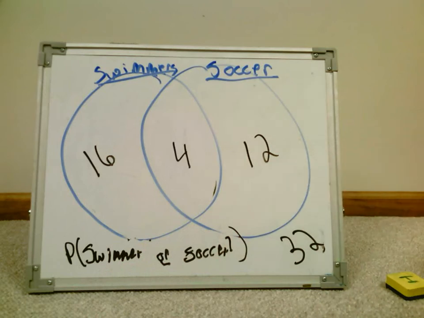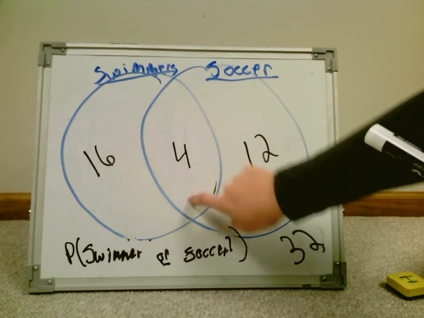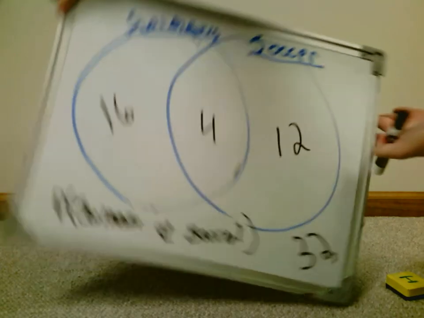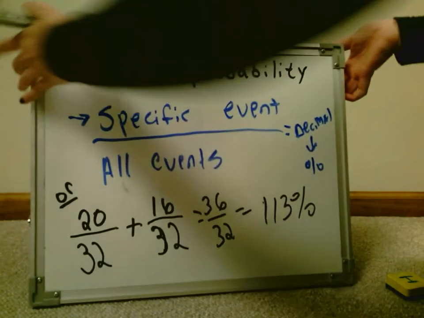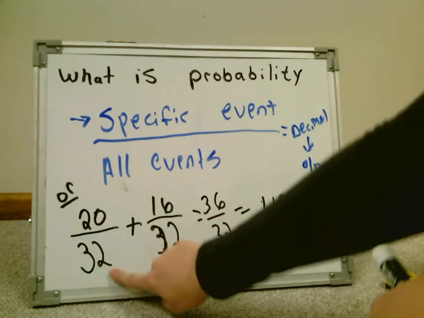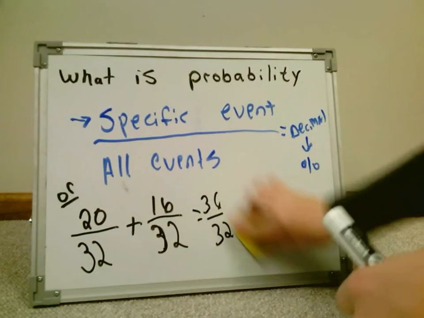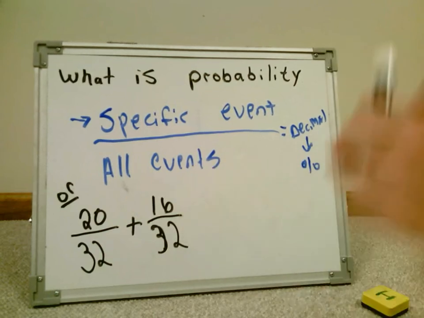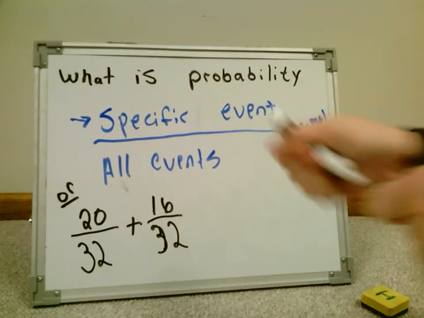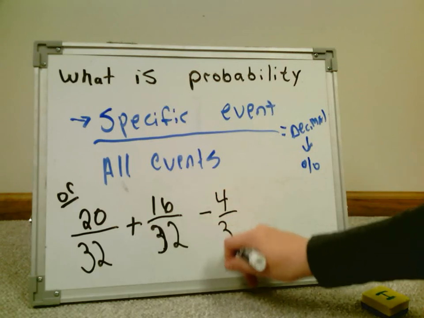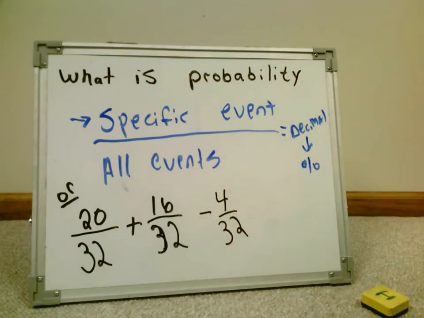The problem is the overlap. These 4 students were counted twice. So if I come back to this side and I consider here's the probability of swimmers, here's the probability of soccer players, where we went wrong is we never considered the overlap. So with the overlap, we're going to go back and subtract those 4 people that were in both sections.